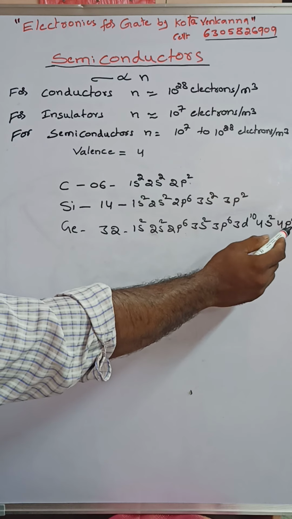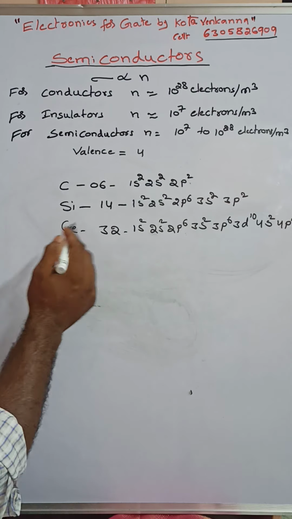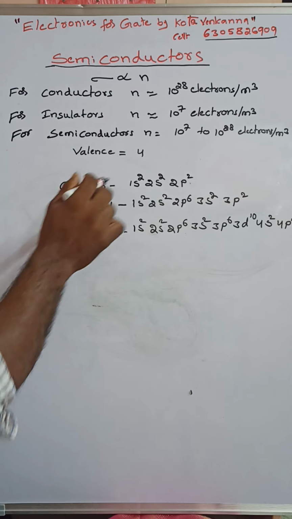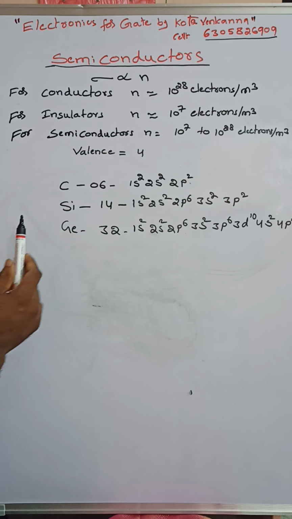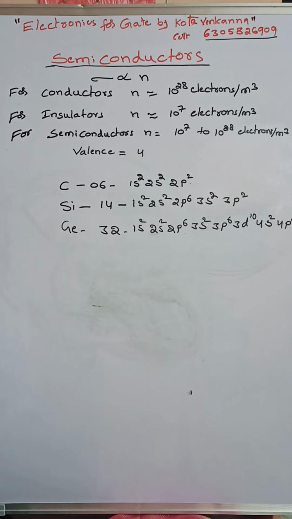Here the p orbital is filled with only 2, and the remaining 4 are the valence electrons. So this is the configuration of semiconductor materials: carbon, silicon, germanium, which consist of 4 valence electrons.